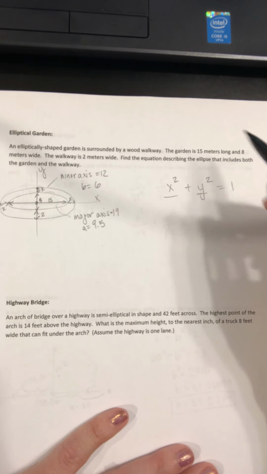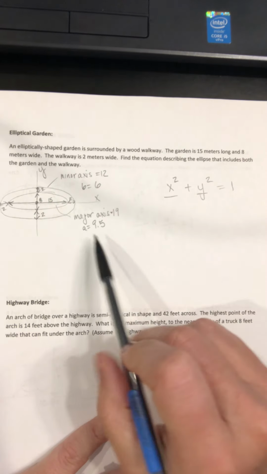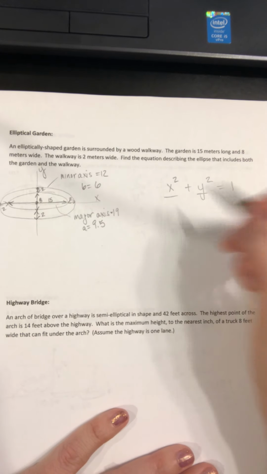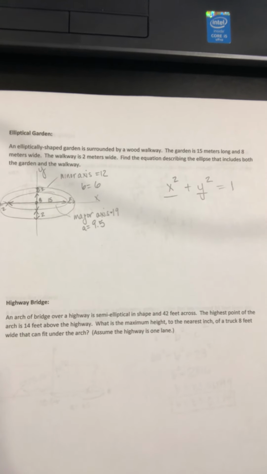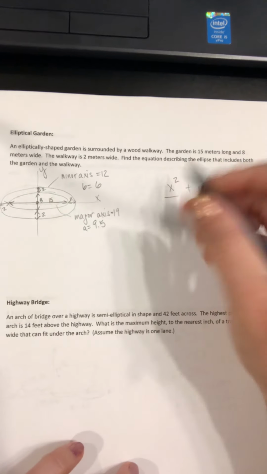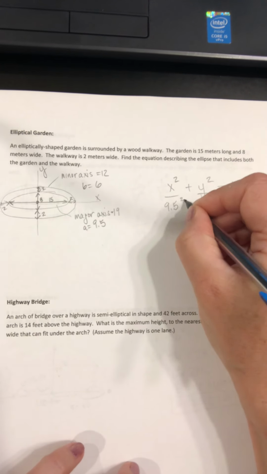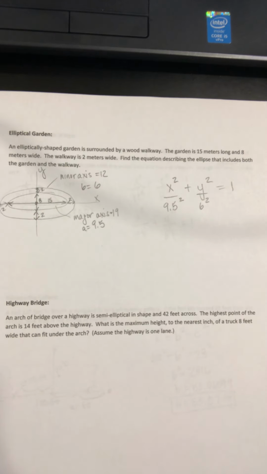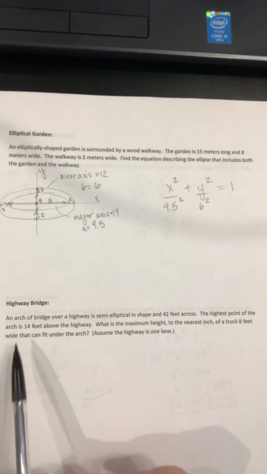So then, if I take a look here, I want to plug in. If this is my major axis, this would be 9.5 squared, and then this would be 6 squared, okay? If you thought of it the other way, like if this was a word problem on a quiz, and you thought of it the other way, I would take that the 6 and the 9.5 squared were opposite. There's a question like that on the worksheet for tomorrow, okay? Because I don't think it's as clear, so there might be 2 answers for one of the questions. And you'll see that on my answer key, okay?